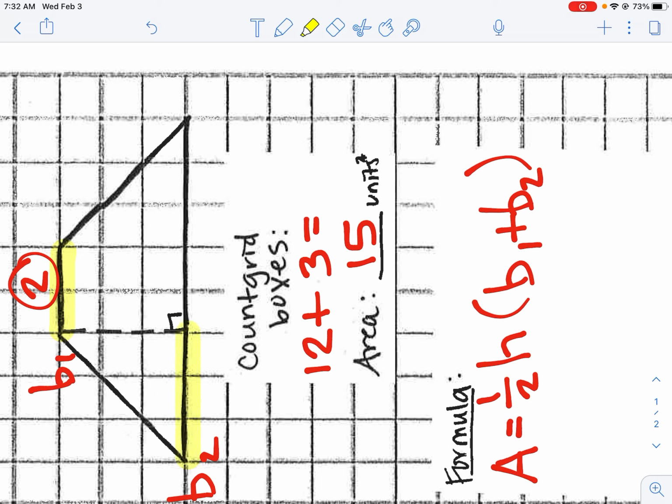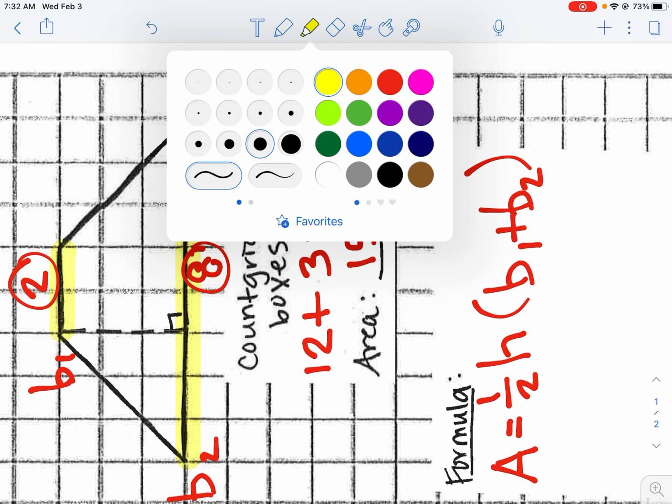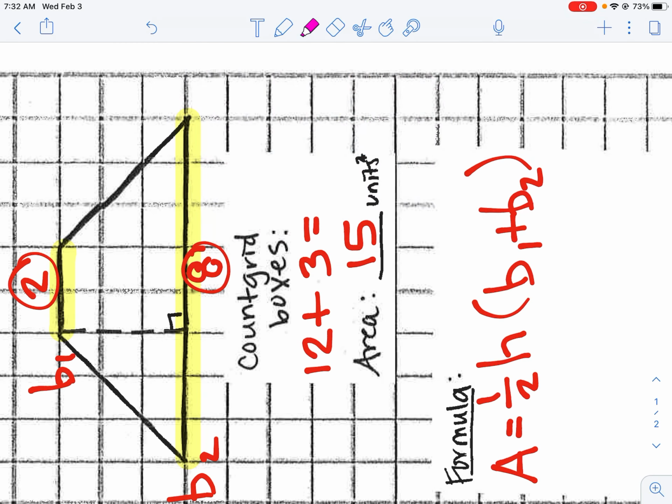So that's 1, 2, 3, 4, 5, 6, 7, 8. 8 units for base 2, and the height is perpendicular to the bases. It runs between the bases. So the height is 1, 2, 3 units. So I'm going to put a 3 right there beside the height.